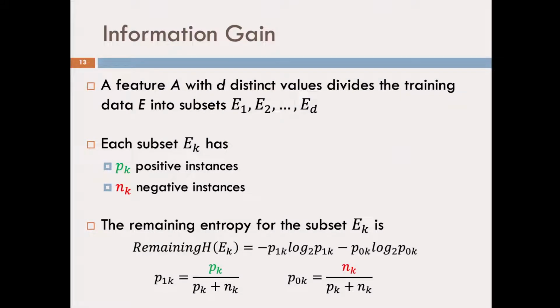So, generalizing now, a feature with D distinct values divides the training data into D subsets, okay? So each subset has positive and negative instances. Okay, so the remaining entropy for a given subset is calculated the same way we calculated an entropy.